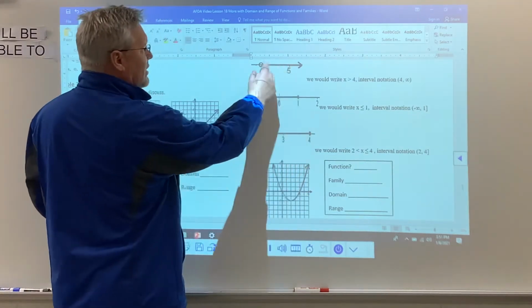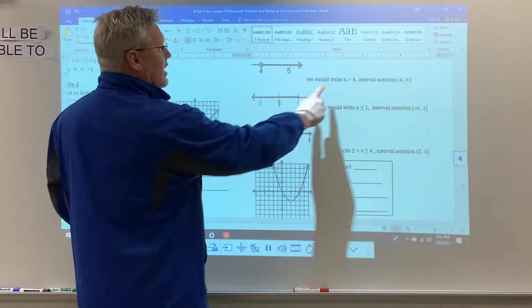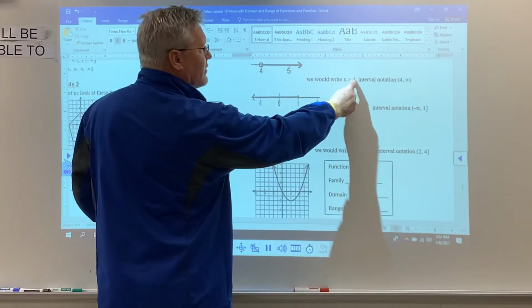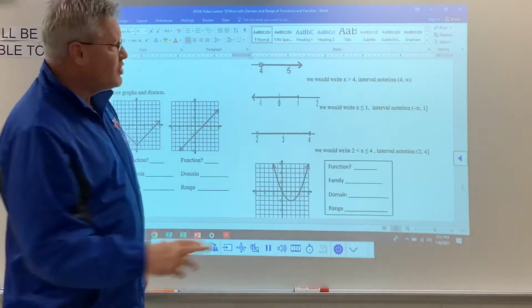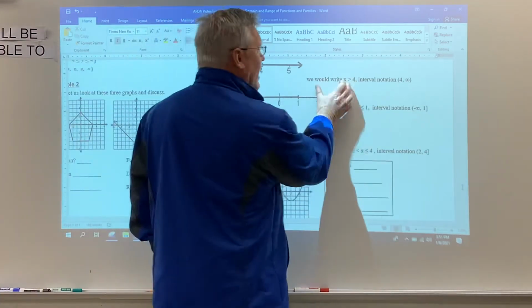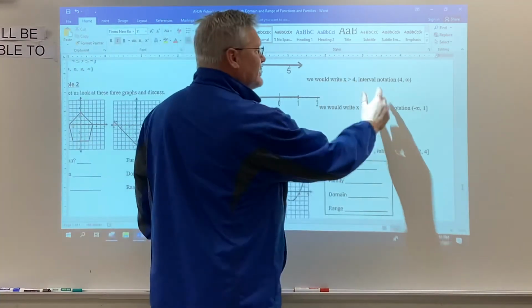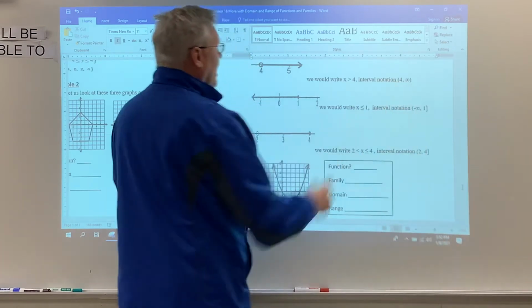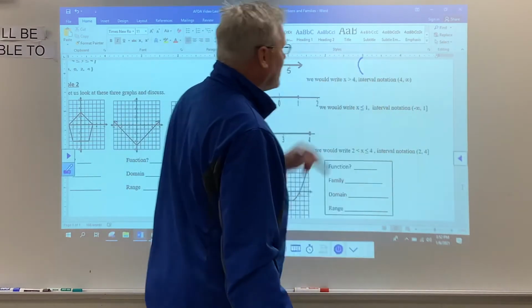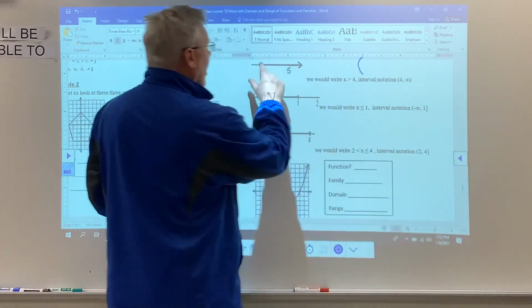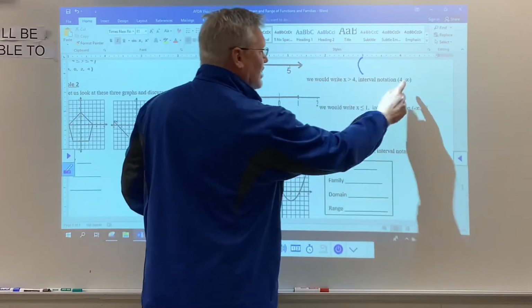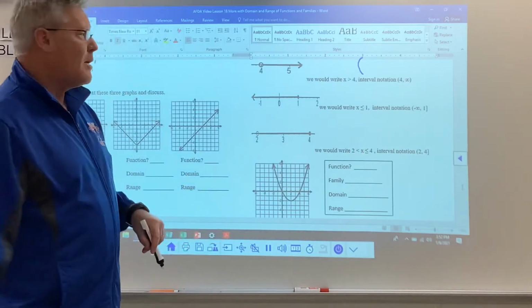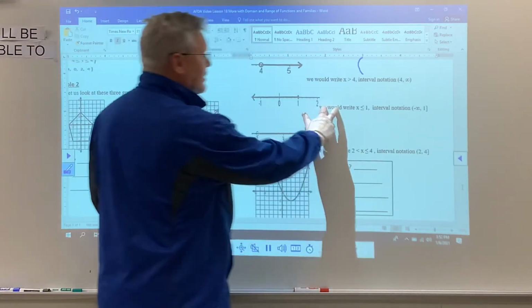If you had this number line here with an open dot shading that way, you would have probably written x is greater than 4. But interval notation is a shorthand way of writing these inequalities. It's telling you that it has an open dot on the 4, and it's going to go in that direction to the infinity symbol.